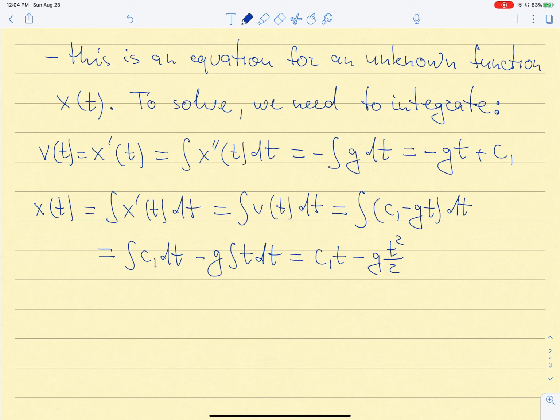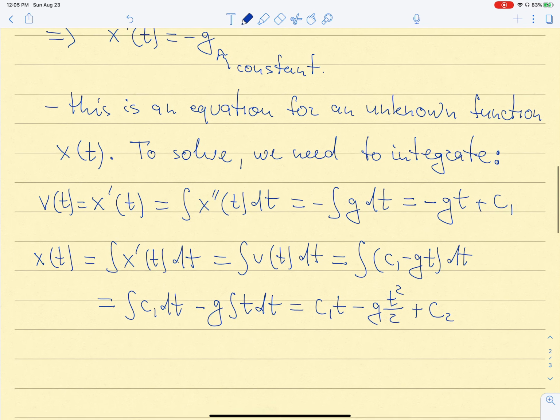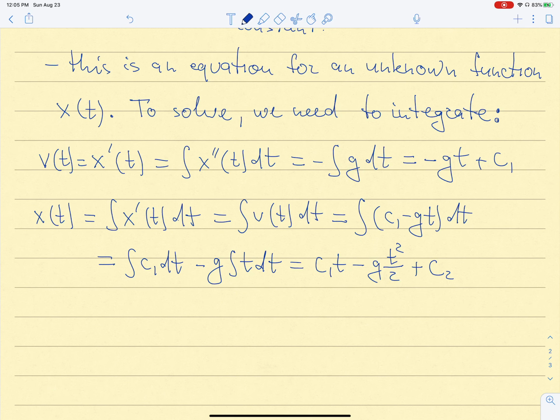And because we're taking an indefinite integral, then we need to add another constant, and that's the reason why I had c1 here, because that other constant is different from the first one, so it must be c2. Okay, so then what did we do? We solved the equation x double prime of t equal to minus g by integrating twice. And we found the solution, this function x of t, which is supposed to give us a position of the mass above ground at any moment of time.